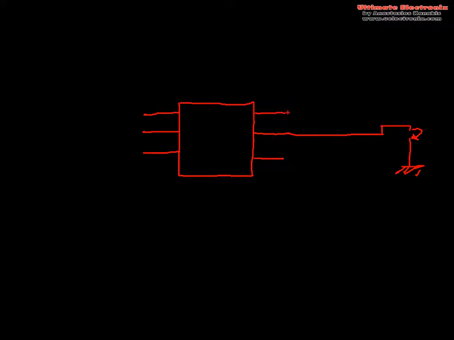We will put one resistor and then connect to the LED. So one pin will connect to the positive and the other one we will connect to the ground, to this pin. So this will be connected together. So when we touch this, the light will blink from this. Not blink, actually appear.